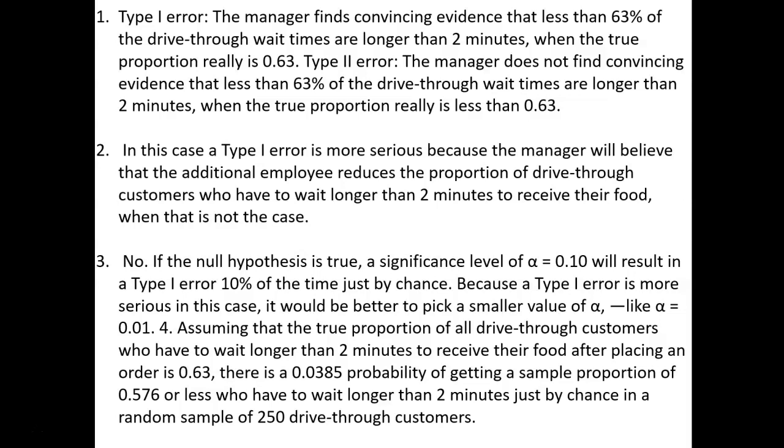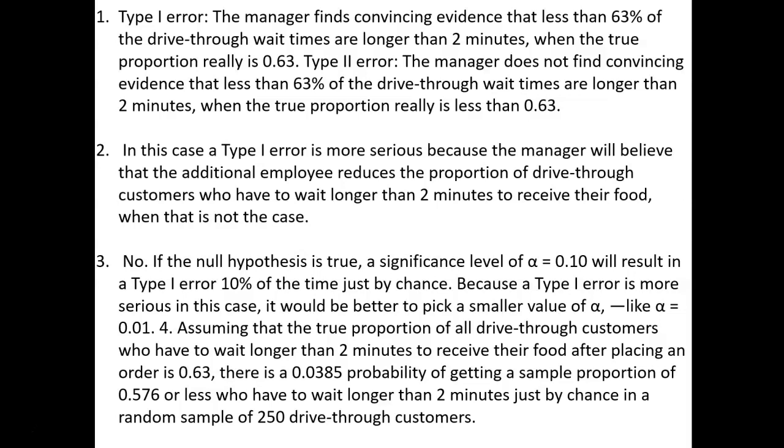Now let's dissect a type 2 error for a moment. The manager does not find convincing evidence that less than 63% of the wait times are longer than 2 minutes. But actually, in reality, it is less than 0.63. So I guess, what does the manager do with that information? Maybe he ends up pulling that extra worker.